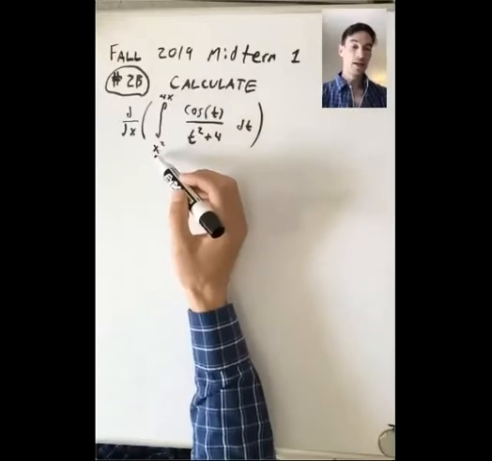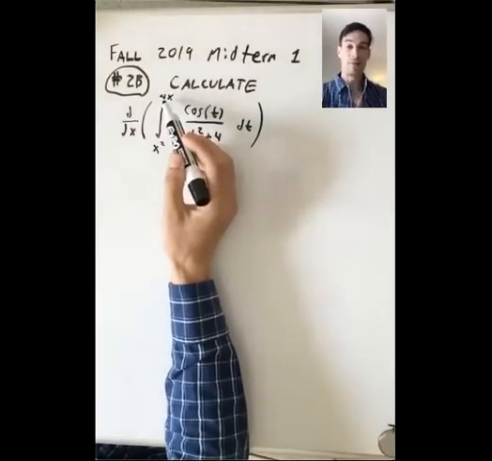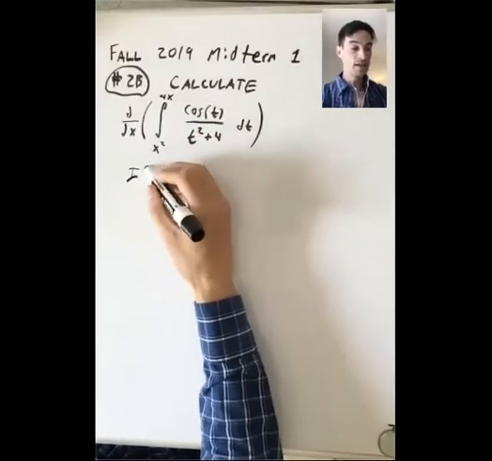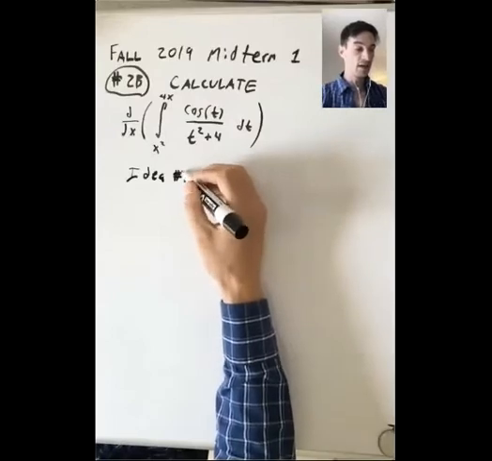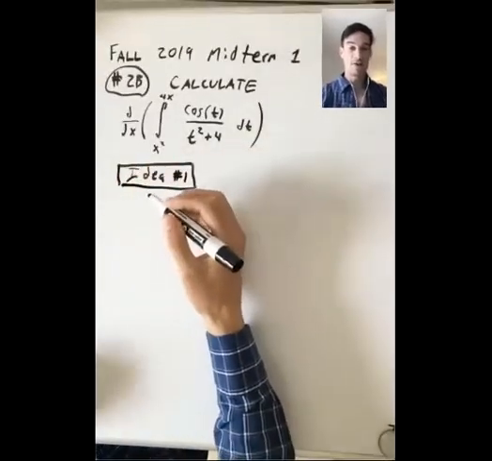Here we have a function of x in the bottom endpoint and a function of x in the top endpoint. So the first idea is to split this integral into two pieces using one of the properties that we saw in the first video of this lecture.